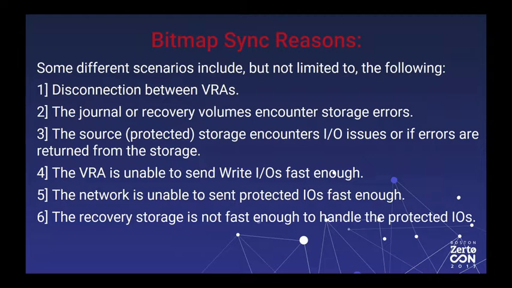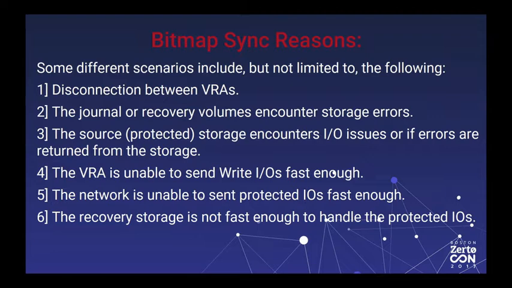The VRA is unable to send the write IOs fast enough. So this could be a slow network. We also have a situation where we have a lot of protected IOs or a burst of protected IOs, and I have connectivity back to the recovery side, but I don't have the bandwidth to send all these IOs that fast.